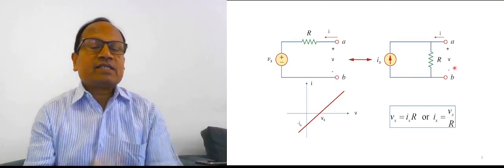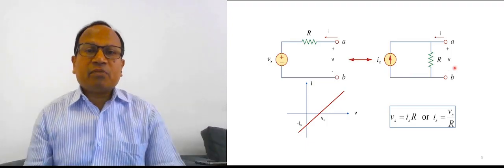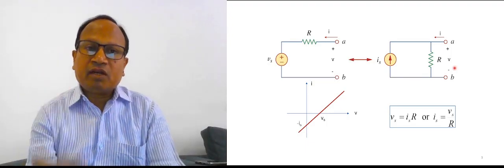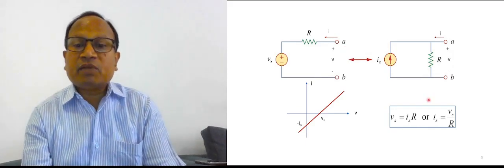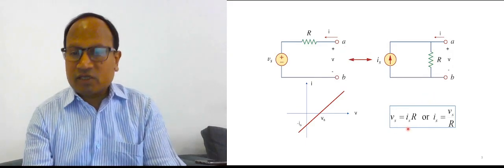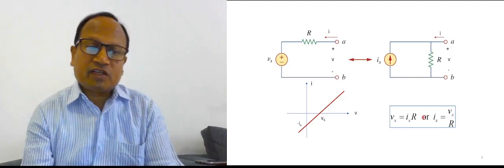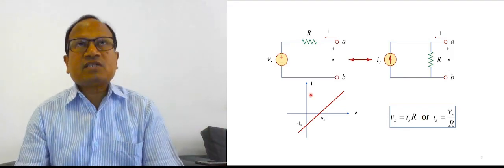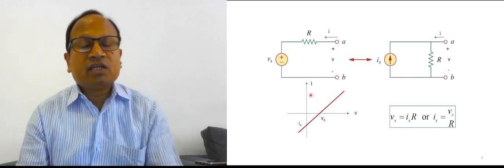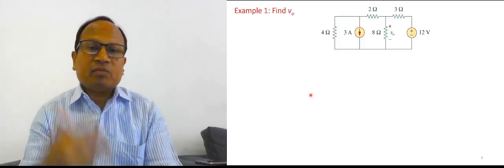The Thevenin equivalent circuit says that the entire big network can be converted into a simple single voltage source in series with resistance. So this is exactly happening here, where Vs is equal to Is into R, or Is is equal to Vs by R. The relation between I and V must be linear again. This theorem is also applicable in the linear network where the elements are linear.